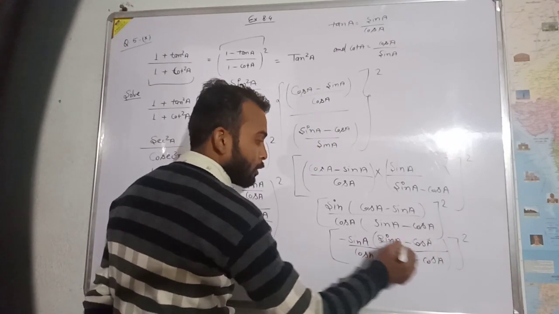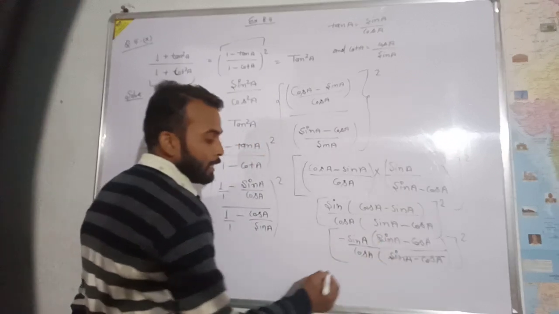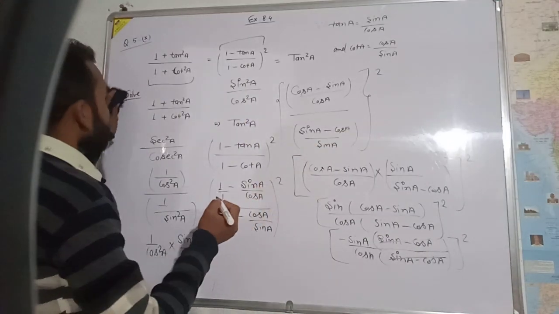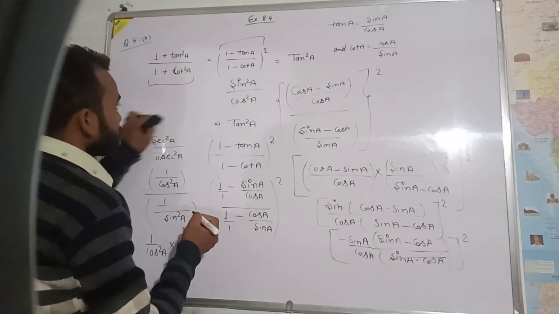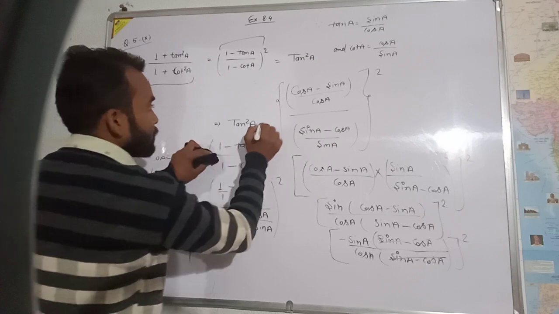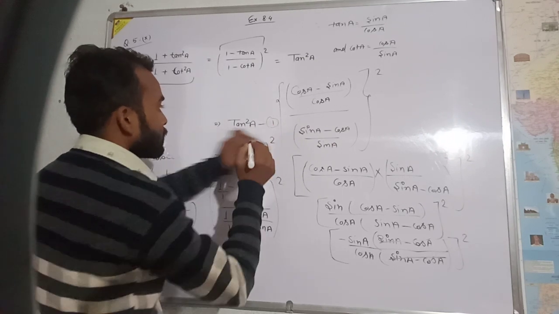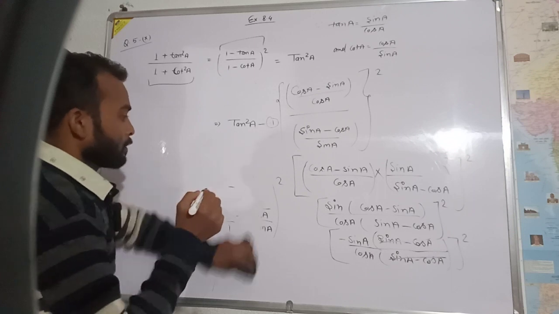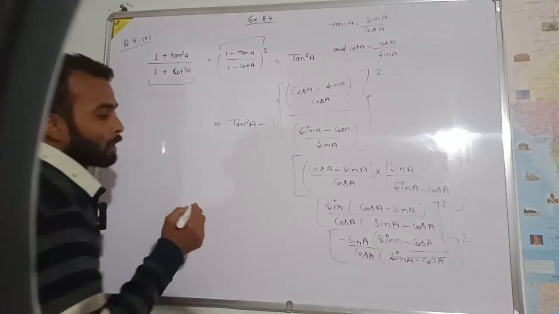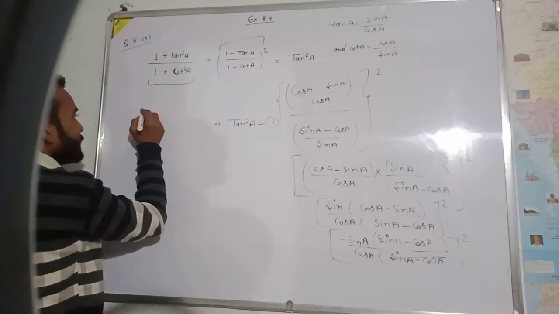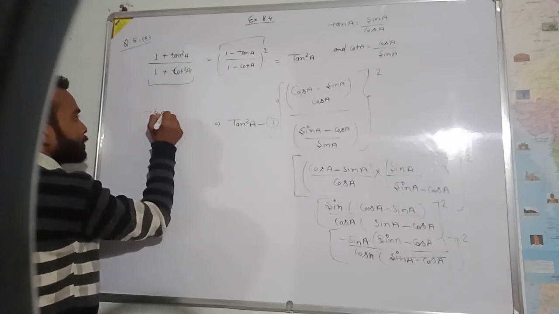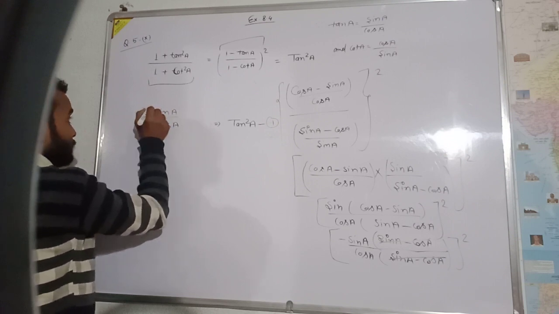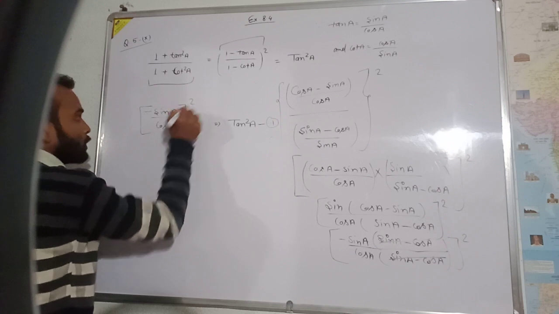This will be cancelled out from this and become minus sin A upon cos A, whole square.